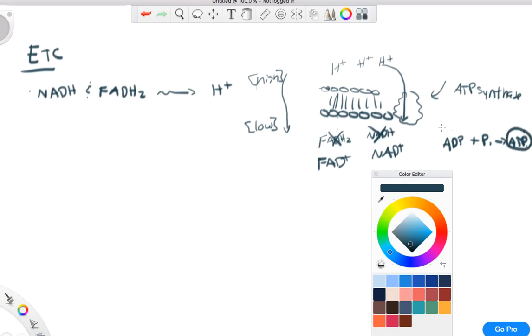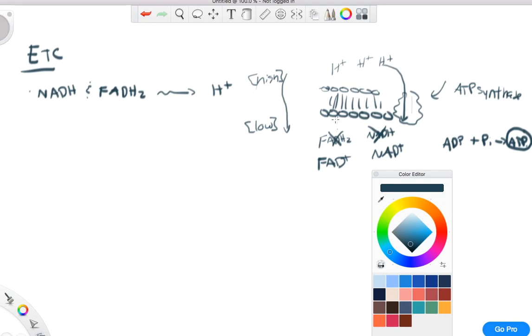So this is basically the reason why the electron transport chain produces so many ATPs, is because here you've got the oxidative phosphorylation, and your H pluses are providing the chemical power, or the chemical work, to produce ATP.